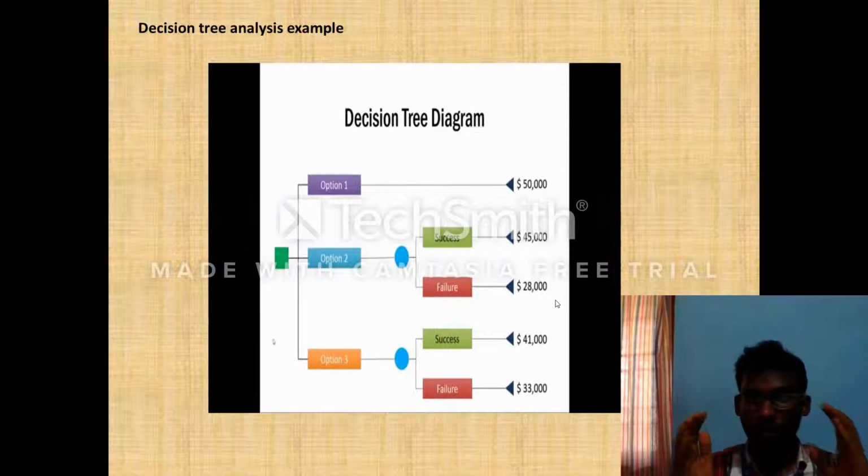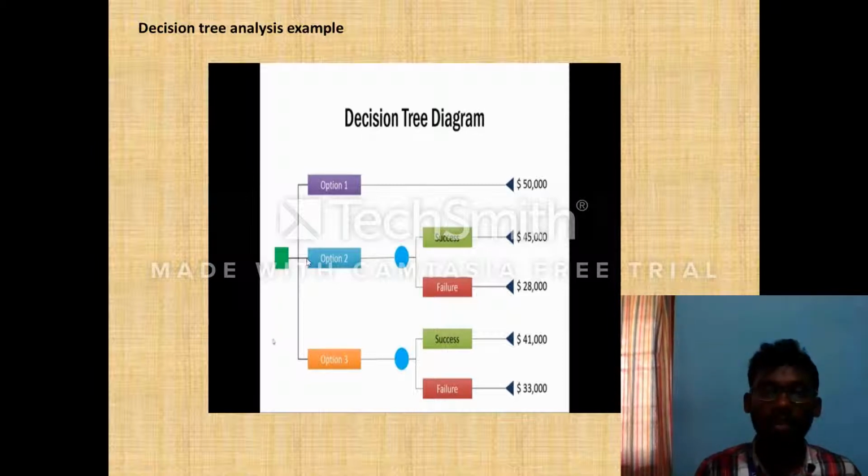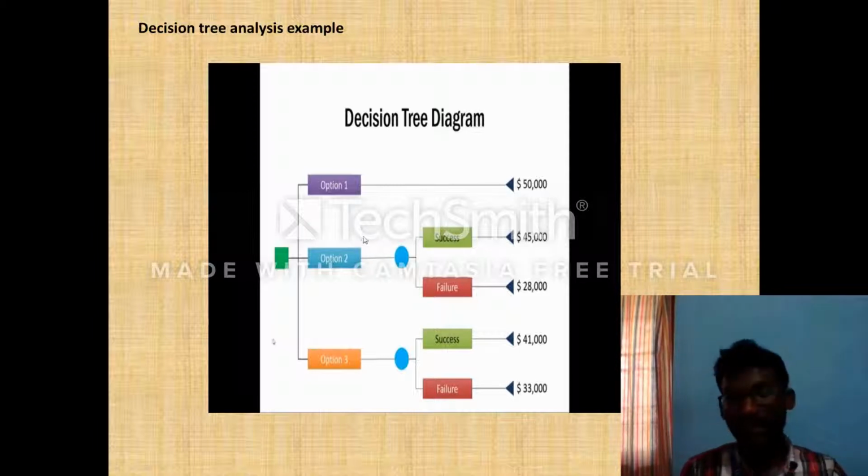Take a person who wants to get a salary, as shown in this PPT. The person has three choices. With option one, he or she can get $50,000. If he chooses option two, if he gets success he will get 45, and if he gets failure he will get $28,000.